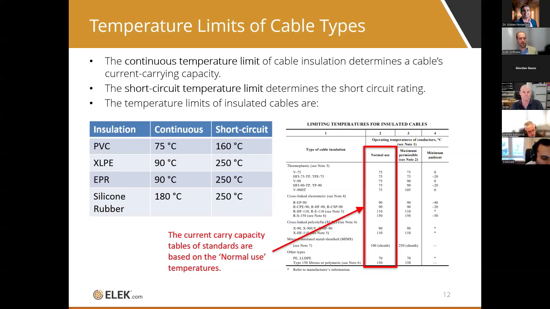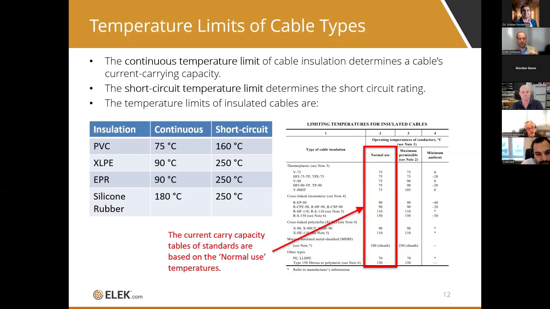It's also highlighted here. This table is the table of temperature limits for lots of different insulation types, taken from AS/NZS 3008. Now, it's important to note here that current capacity in this standard is based on the normal use temperature, not necessarily the maximum permissible temperature. So, for example, you have a V90 PVC cable, which has a maximum permissible operating temperature of 90 degrees, according to the manufacturer, right?